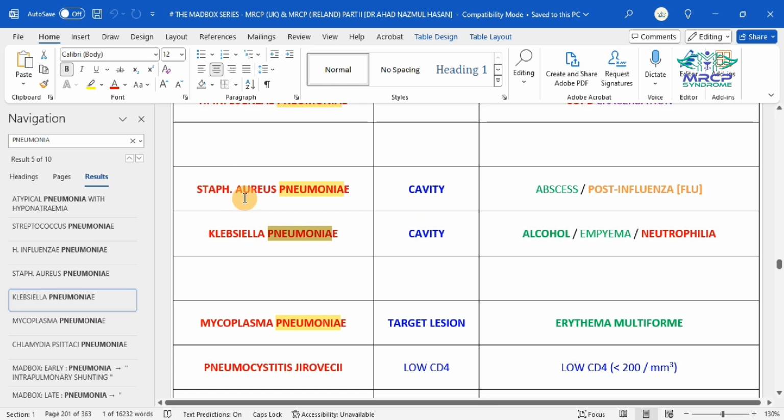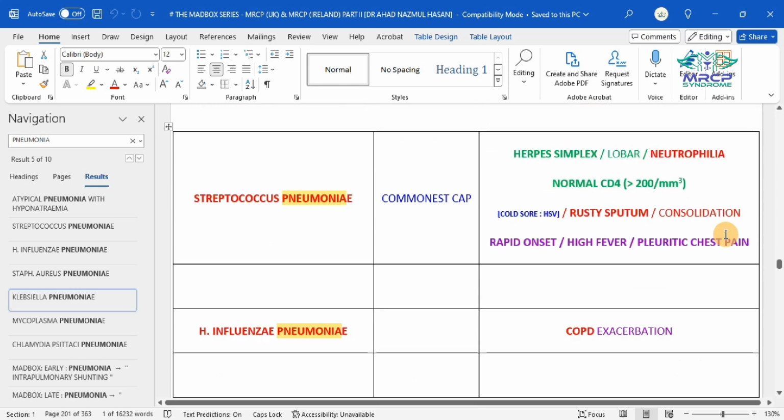A for aureus, A for abscess. But especially they come up following flu-like illnesses, post-influenza. And Klebsiella is related to alcoholism, and there may be empyema formation. The patient will also have neutrophilia. And the commonest community acquired pneumonia is Streptococcus pneumoniae. They usually come up with the classic presentation, three cardinal features: rapid onset, high fever, pleuritic chest pain.